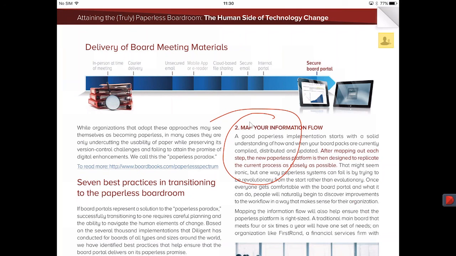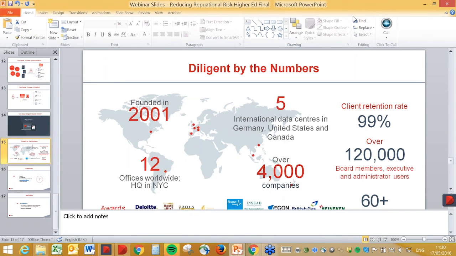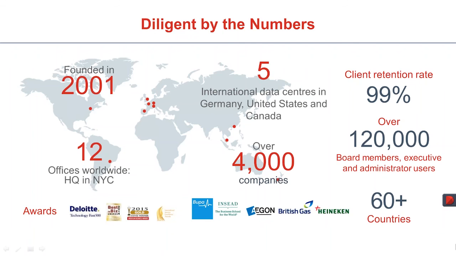So what I wanted to show you is a few numbers for Diligent. I'm not going to go through everything. What I wanted to highlight from this slide is we currently have over 4,000 customers. Among those are over 100 education institutions and colleges worldwide. And what I'm most proud to tell you about is our client retention rate.